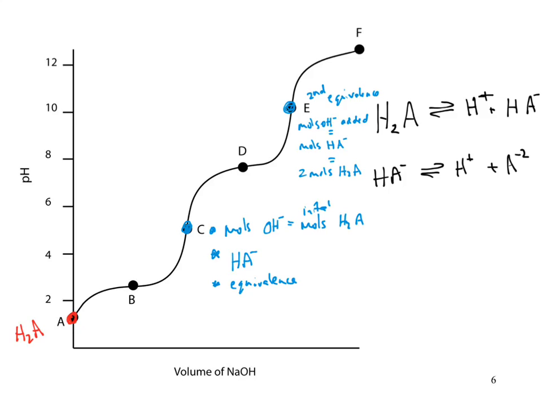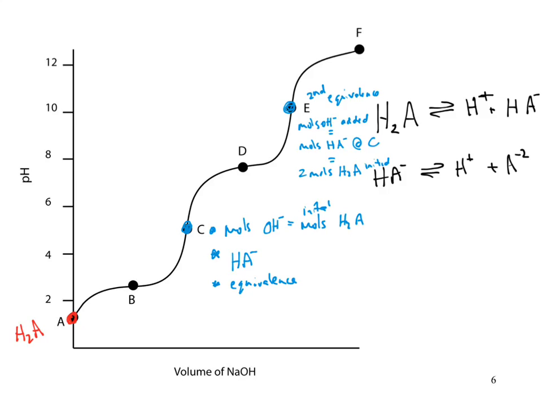The number of moles I added continued to increase all the way through until I reacted with both hydrogens. Okay? So if I wanted to relate it all the way back to my initial concentration, I could. Up here we could say at point C, hard to say initial at that point.